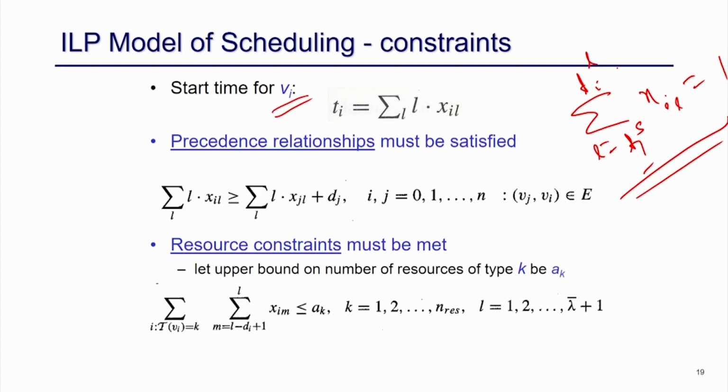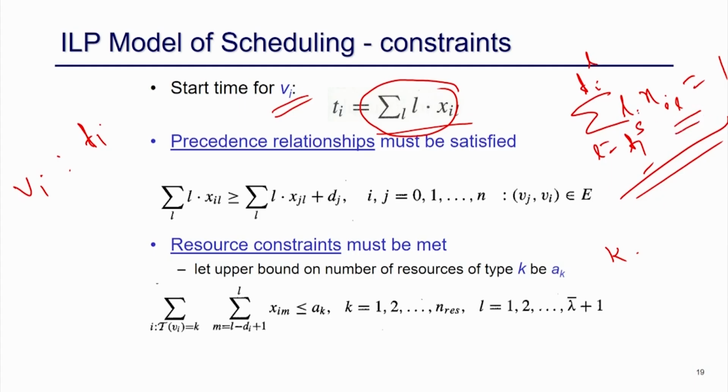Now suppose this is scheduled in, say, time step k. How do you represent the start time for an operation, say Vi, whose start time is say Ti? I can represent this Ti as the summation of l into x il. In this summation I multiply by l, because if this particular operation is scheduled in time step k, then only that particular x ik will be 1, and all others will be 0.